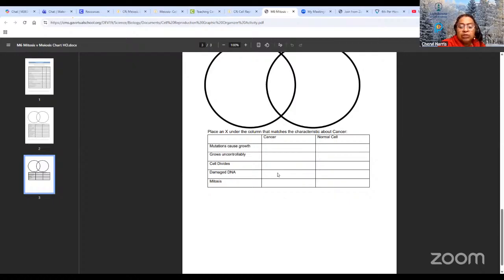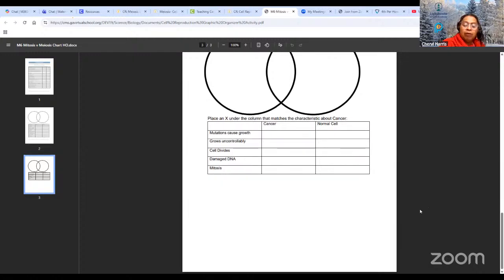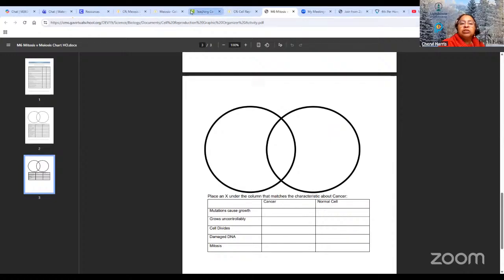Cancer is damaged DNA, and both undergo mitosis. Okay, so again, I know I did that fast. So there's an X for mutation under cancer, not normal. Grows uncontrollably, cancer, not normal. Cells divide, both of them. Damaged DNA is cancer, and mitosis is both.